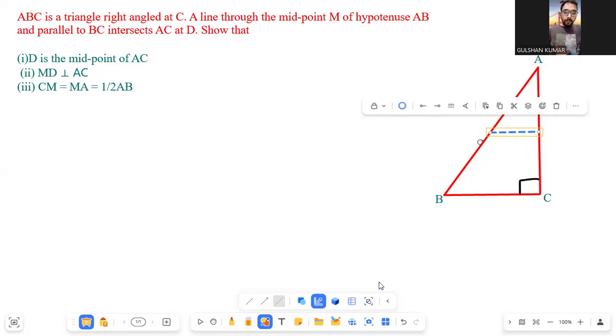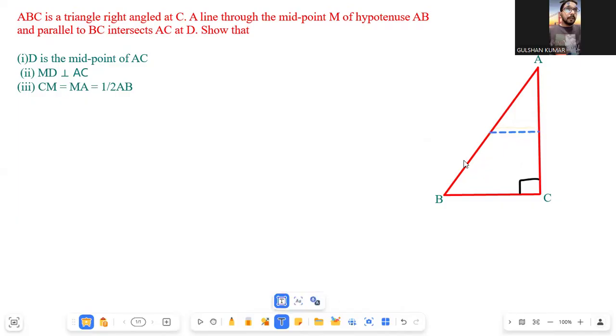Now we have to write here that M is the midpoint of AB, and the line parallel to BC intersects AC at D. So we write D here.